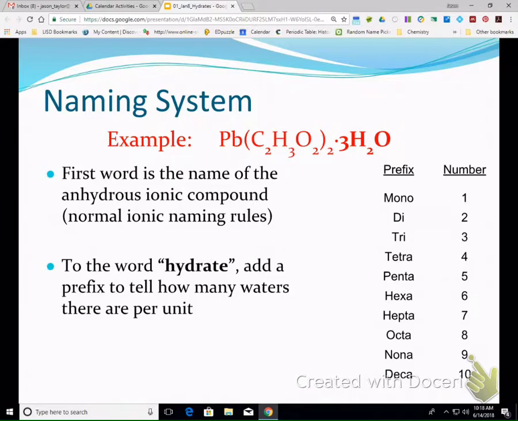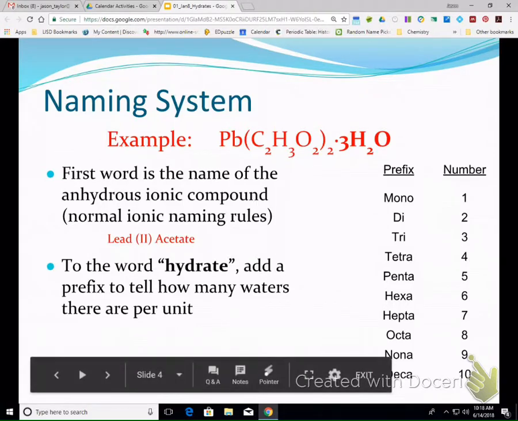So if we look at this, we have Pb, which is lead, and we have this ion here, acetate. Remember, lead needs a Roman numeral. We need 2 of these acetates, so that means we have lead 2 acetate. So that's the anhydrous part on the left of the dot. To acknowledge the water, we're going to use the word hydrate.